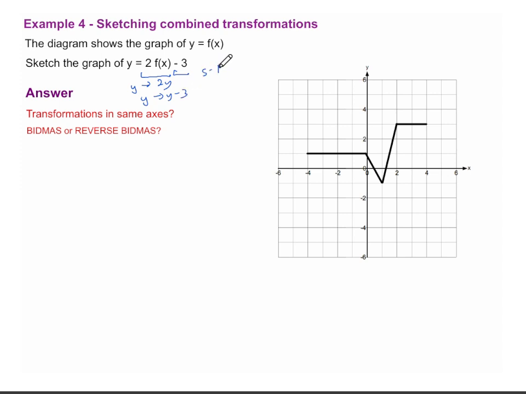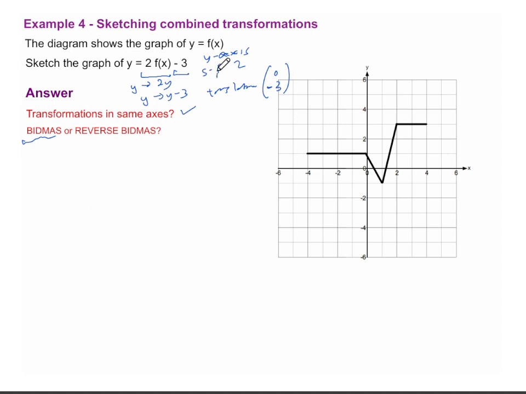So scale factor of 2, y-axis stretch, and then we end up with a translation with vector 0, -3. Okay, are these transformations the same axis? Yes, and this is the y-axis, which means we're going to use BODMAS instead of reverse BODMAS.